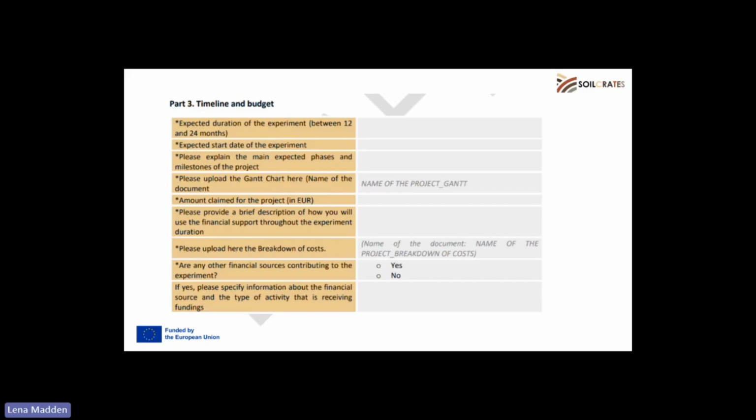Explain expected phases and milestones of the project. Again, you would just think about the different tasks of the project.